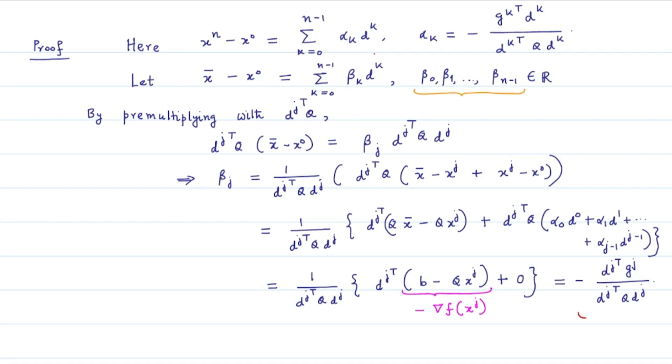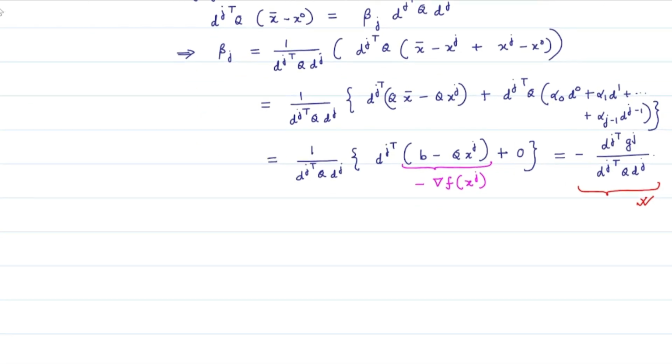Now we look at this expression of beta j and this expression of alpha k's. We notice that these two expressions are identical when I take j equal to k, and therefore beta k and alpha k are identical for every k between 0, 1 till n minus 1, and hence x bar minus x naught is identical to xn minus x naught, and hence x bar is equal to xn.